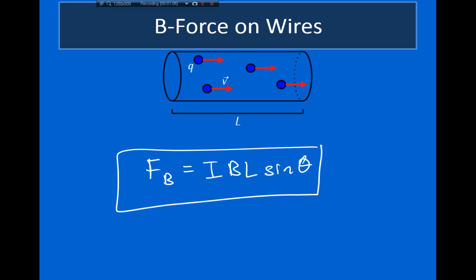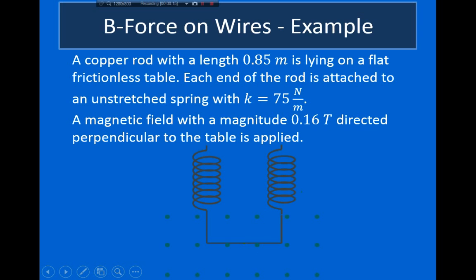So let's take a look at a couple of examples. This first example says, a copper rod with a length of 0.85 meters is lying on a flat frictionless table. Each end of the wire is attached to an unstretched spring which has a spring constant of 75 newtons. A magnetic field with a magnitude of 0.16 Tesla is directed perpendicular to the table.